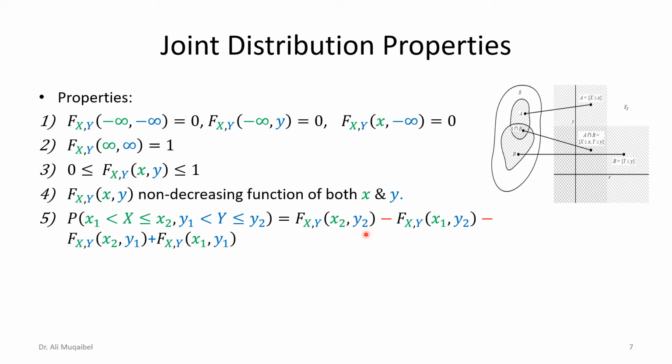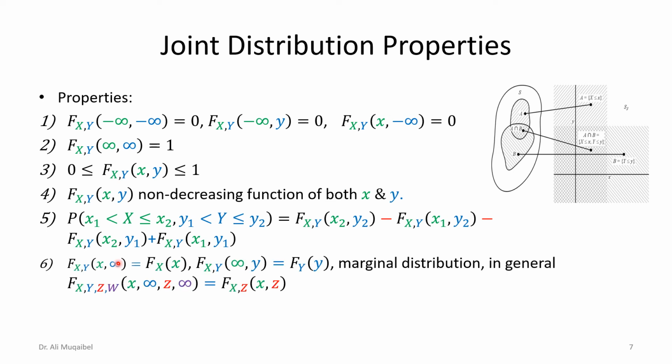The terms with the same numbers in the subscript, 2, 2 and 1, 1, have a positive sign. And then x1, y2 or x2, y1 have a minus sign for both cases. So we have 4 terms, and the 2 terms which are similar get a positive sign, and the 2 terms get a minus sign. I'll explain why in the next slide. So just bear with me.